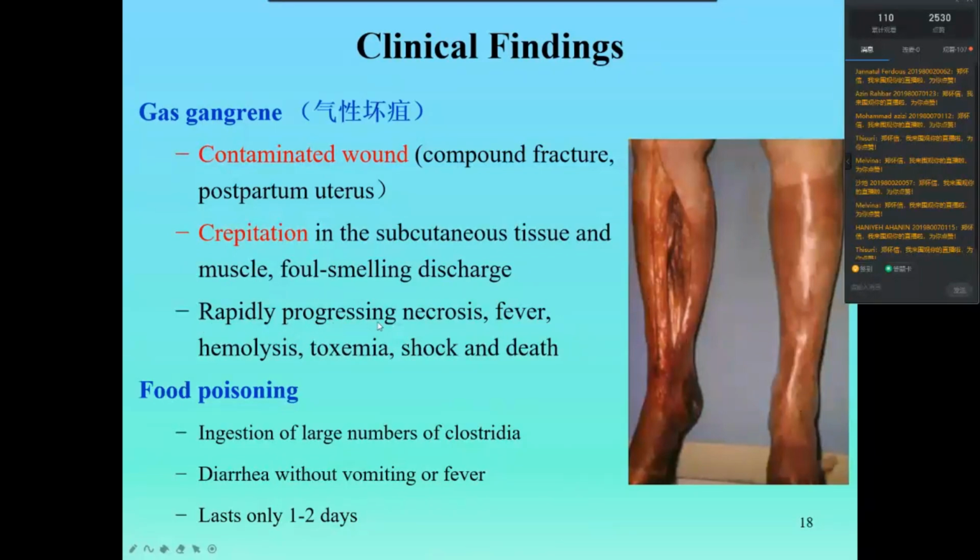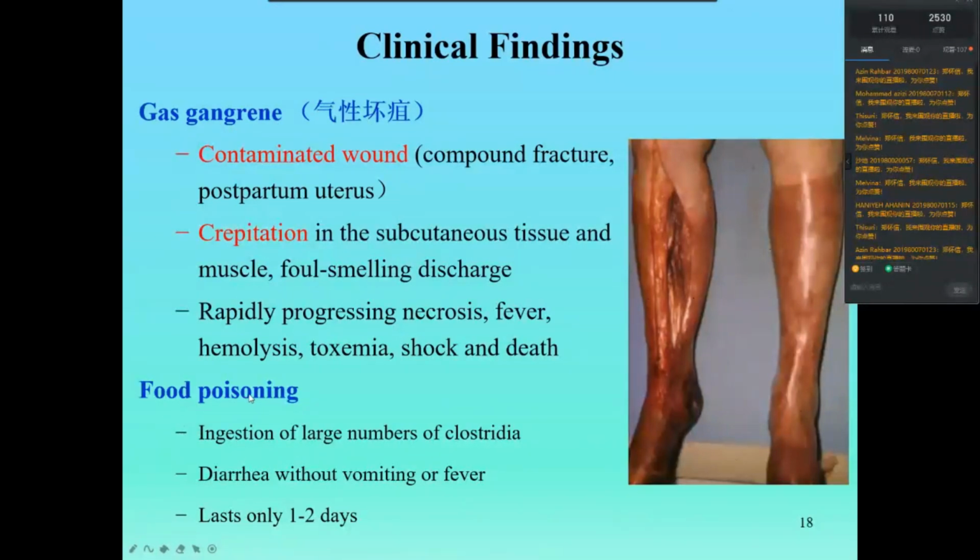And the progression is rapid, causing necrosis, fever, hemolysis, toxemia, shock, and death. And you need to clear the wound thoroughly and help your patients recover. So this is one of the most important diseases it can cause.